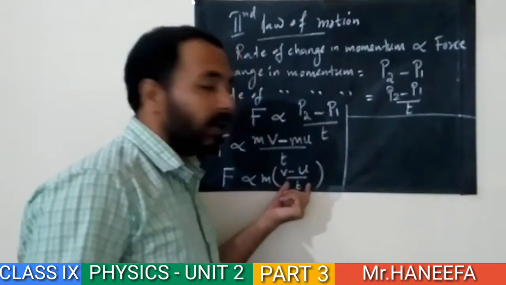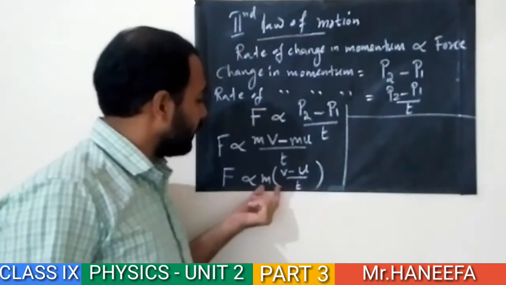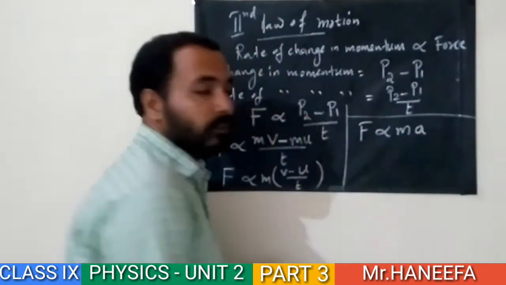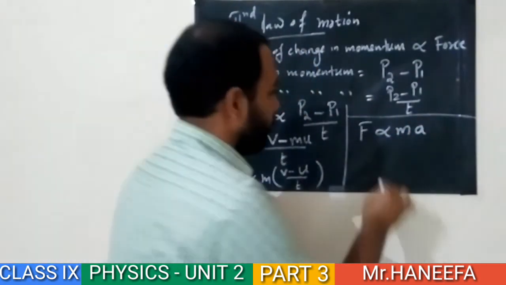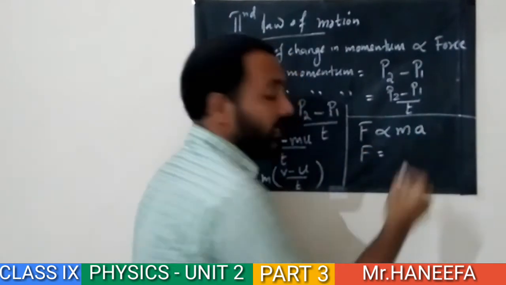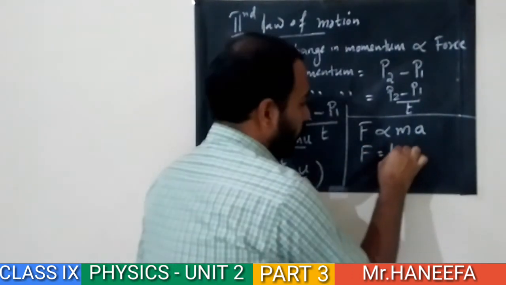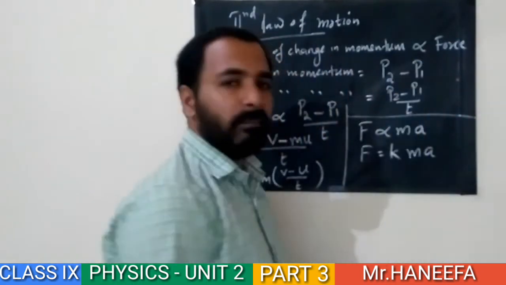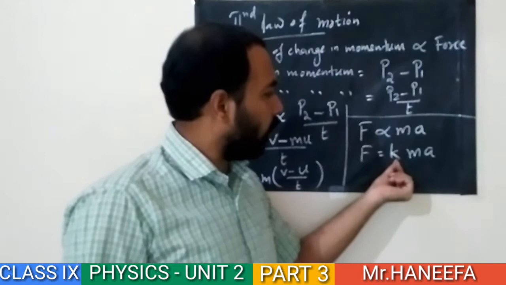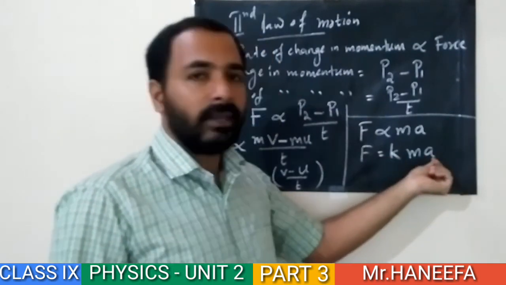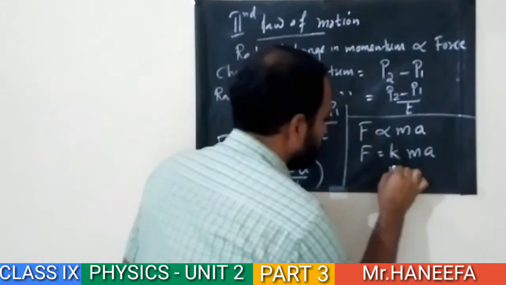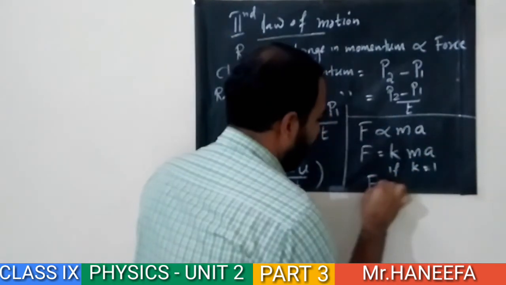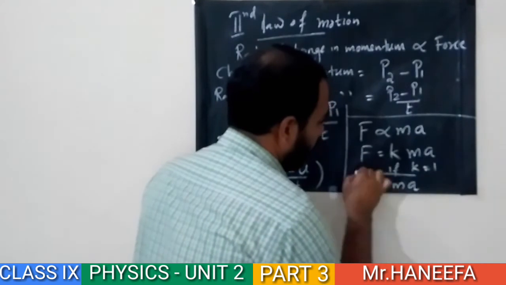So instead of (v minus u) by t, we can write a. So F is proportional to ma, or F equals a constant into ma. If k equals 1, F equals ma.